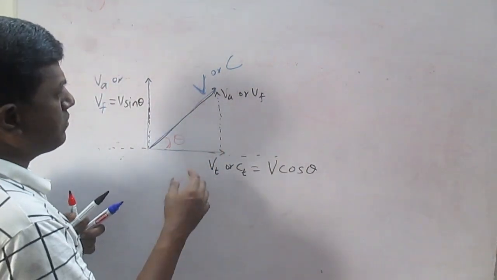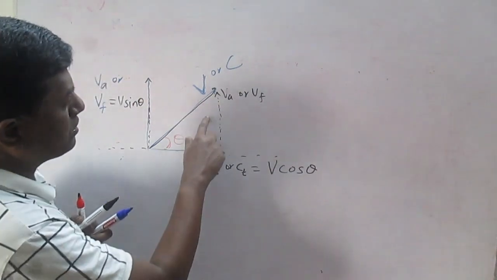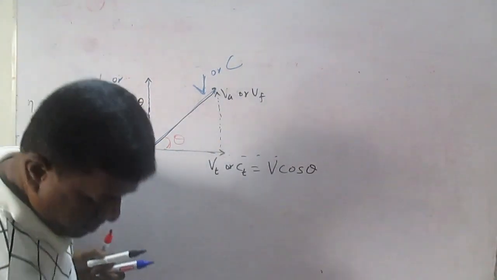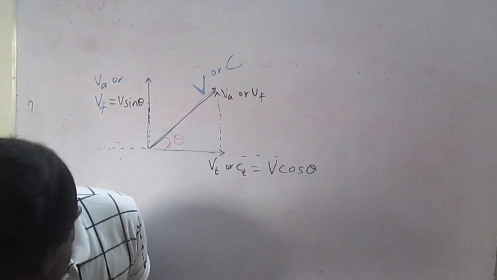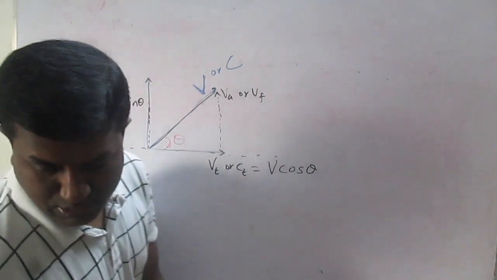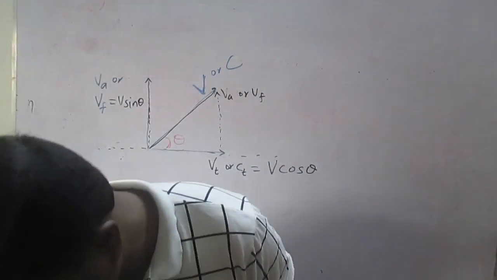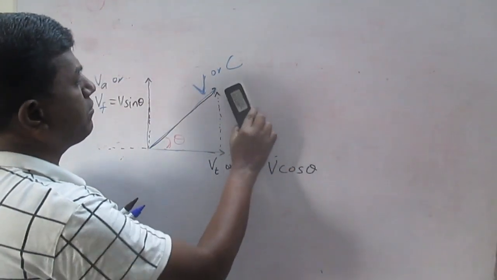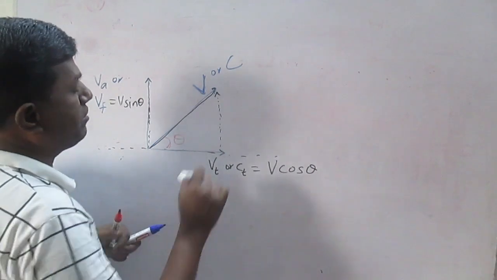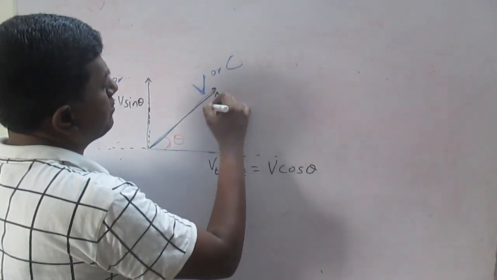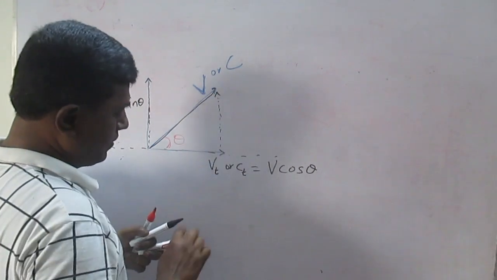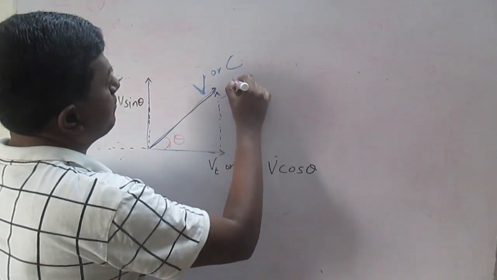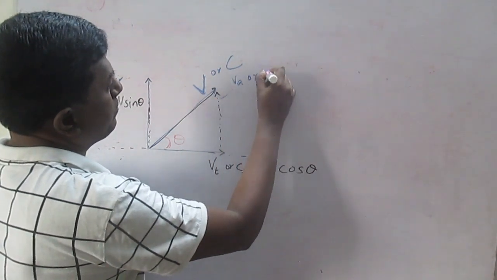That is one thing you have to understand, and one thing we have to note down. So how can we develop the modified one? This component we say is VA or VF.